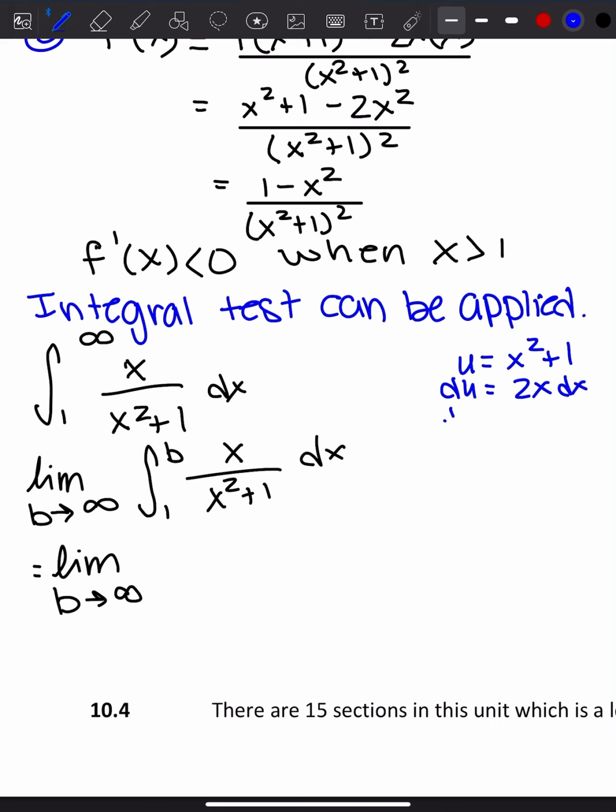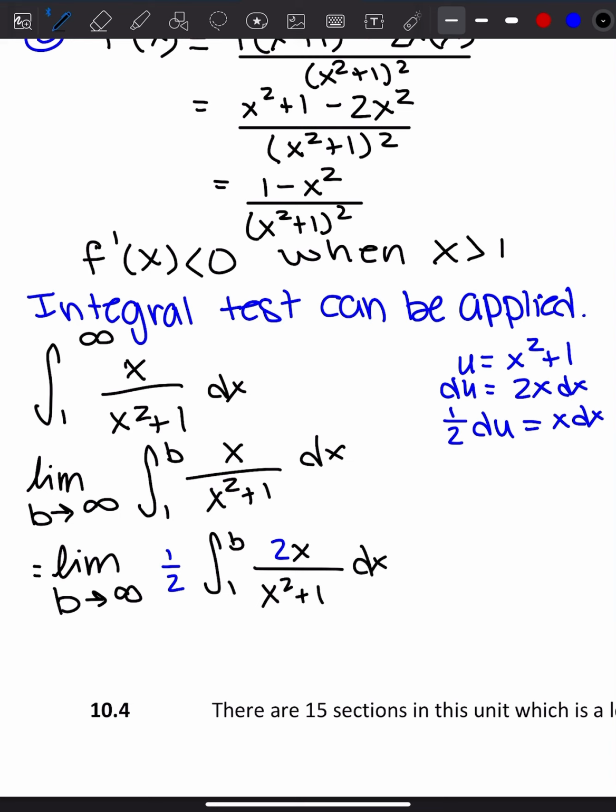But we don't have the 2, so we can use the same idea by adding in a 1/2 out front, but also adding the 2 into the numerator. So what we're really looking at here is 1/2 the integral from 1 to b of 2x over x squared plus 1 dx. Now having the 2x over x squared plus 1, this is giving us the exact form we need, and we have that 1/2 out front.